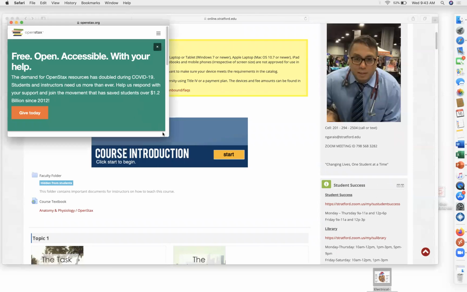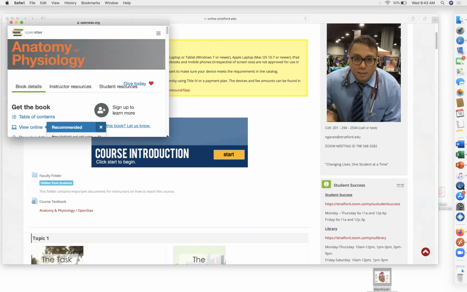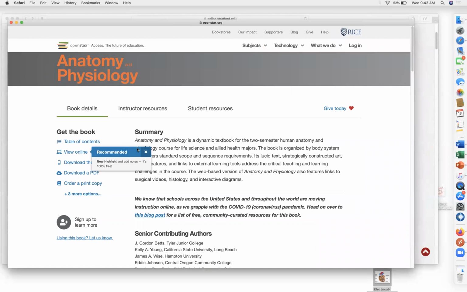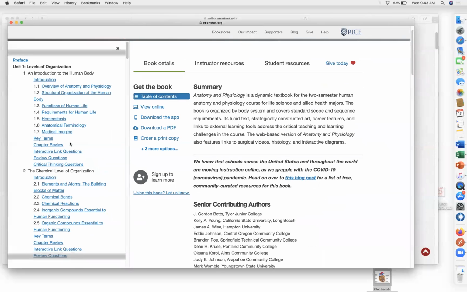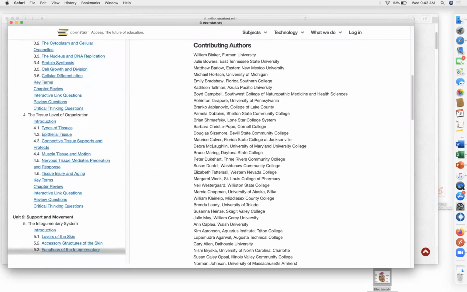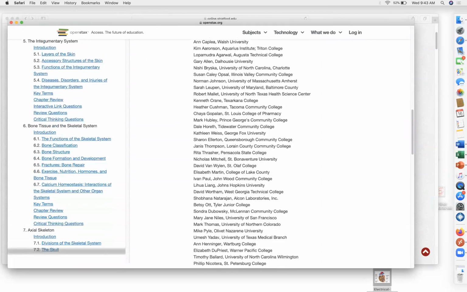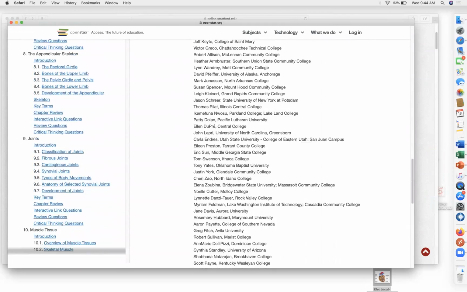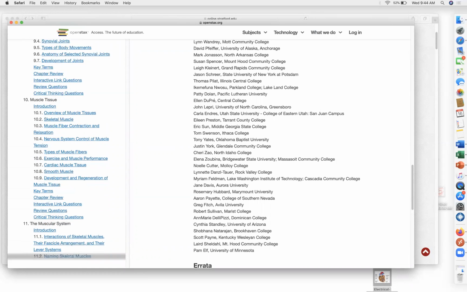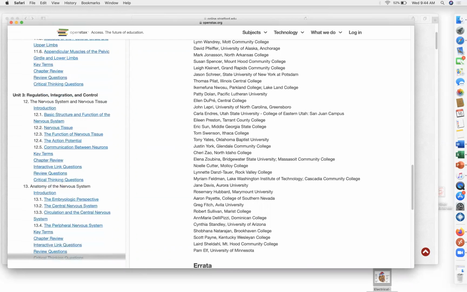It's a nice resource. I'm trying to use it more. So let's open this up and open up the table of contents. And then, what was it, chapter 22? Okay.